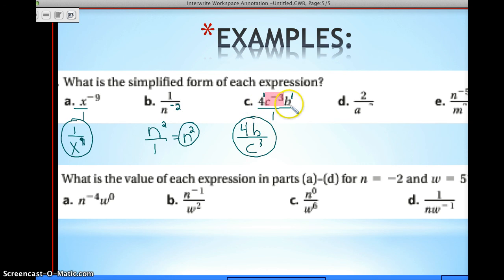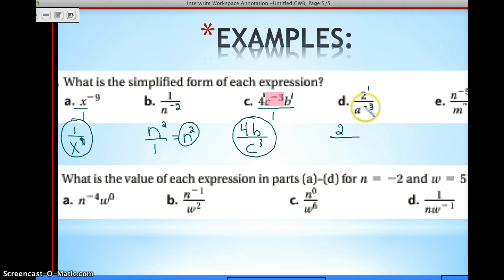Some kids make the mistake and flip the whole term. Let's make this one a negative 3. So go ahead and try that one. Okay, be careful. The 2 has a positive first power, so you leave the 2 alone. Nothing gets flipped. So it stays in the numerator.